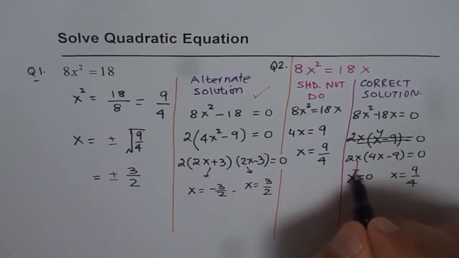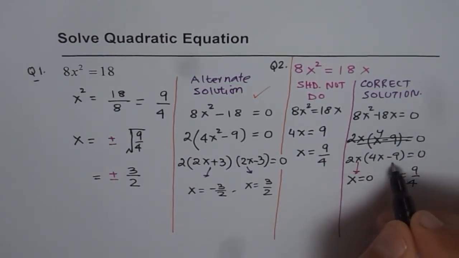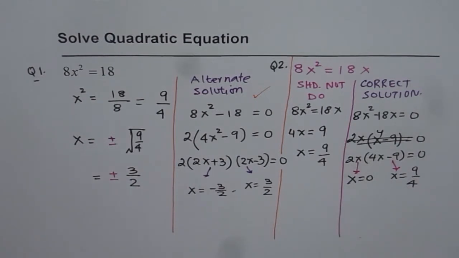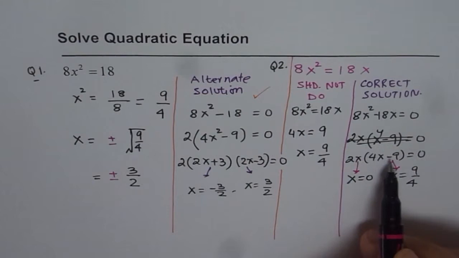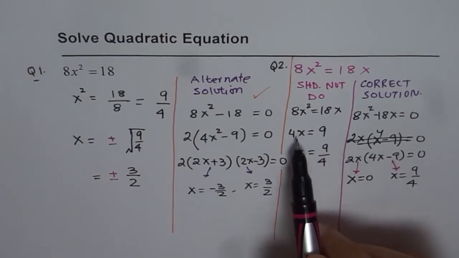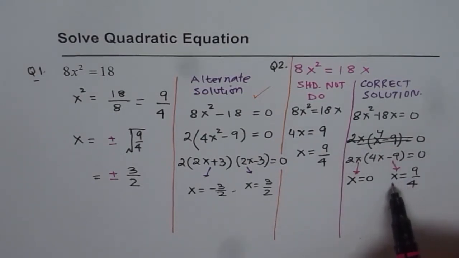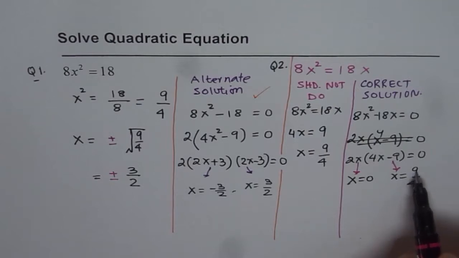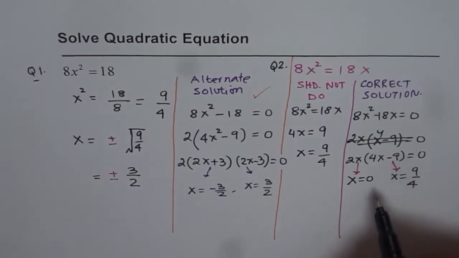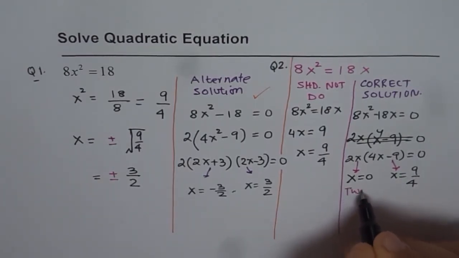One is x equals 0. That is also a factor. 2x is a factor, which will be 0 when x is 0. And then 4x minus 9 equals 0, which we solved here, gives us the second solution, 9 over 4. So we have two solutions.